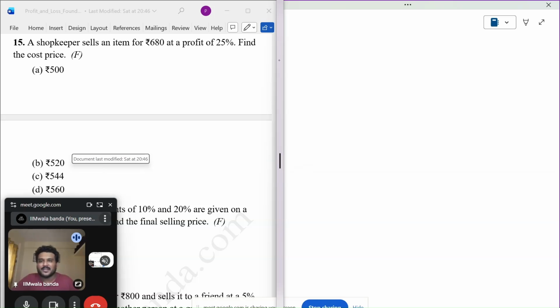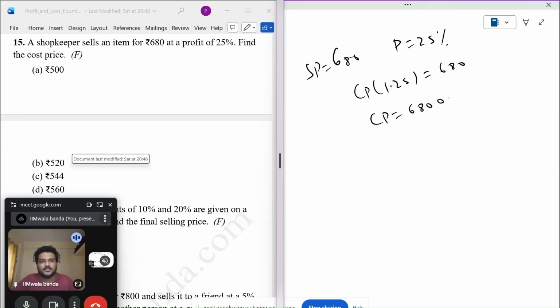A shopkeeper sells an article for 680. Profit is 25%. Find the cost price. I'm just going to quickly solve it because it's pretty easy now. But the thing that I'm trying to teach here is cost price into 1.25 is equal to 680. Be in a habit of writing it like this. So 680, these two zeros will come here.